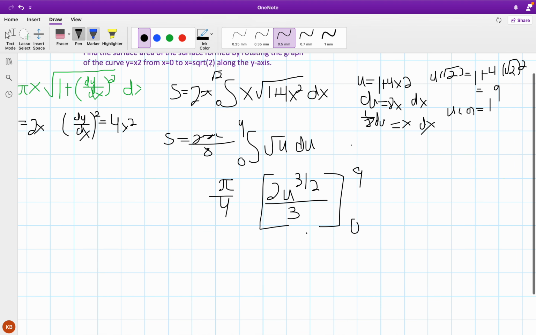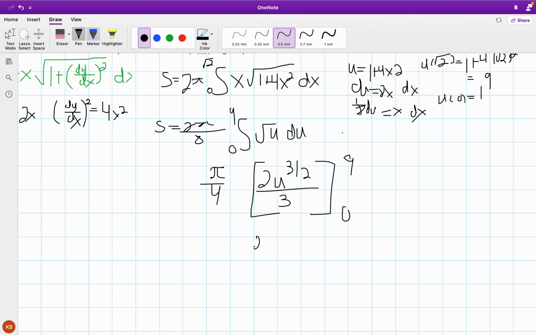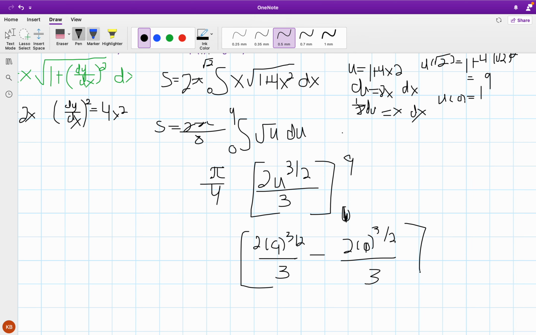And now we just plug our values in, so 2 times 9 to the 3/2 over 3, minus 2 times 1 to the 3/2 over 3. Sorry, the lower bound is supposed to be 1, as I had said previously. That was a mistake. Times pi over 4.